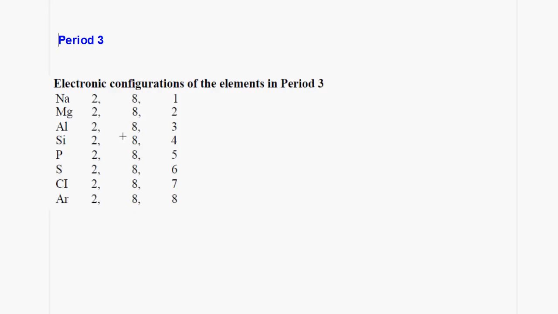Now if we look at the electronic configuration, we notice that the outer shell electron is different for each one. But what you will notice is that you have 1, 2, 3 electron shells. So just by looking at the electronic configuration, we can tell which period an element belongs to. And earlier we said that the last number will tell you which group it belongs to.